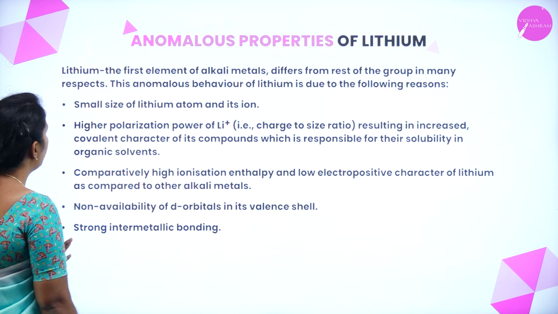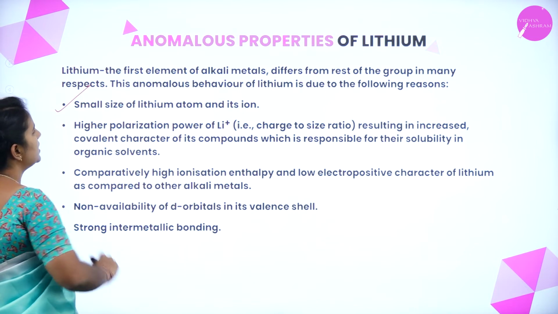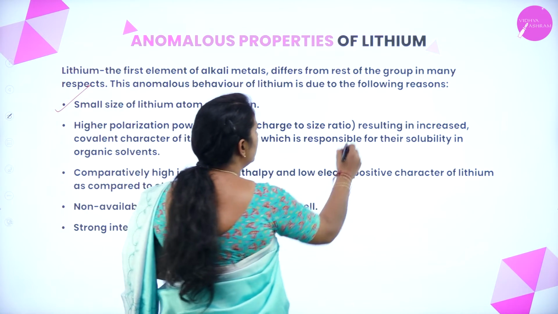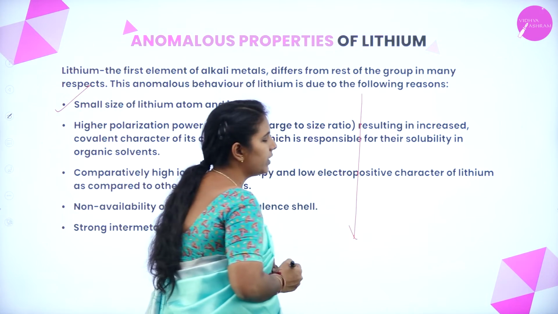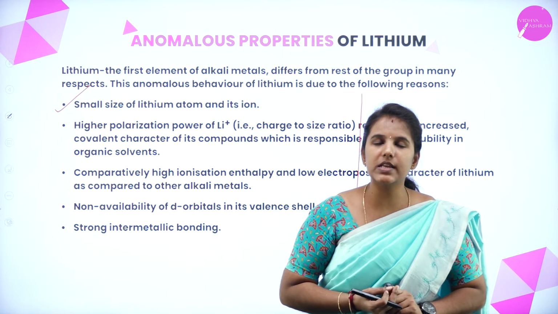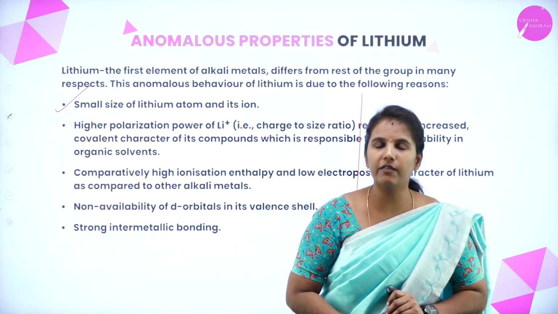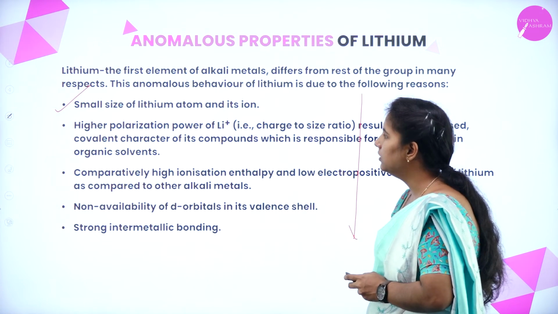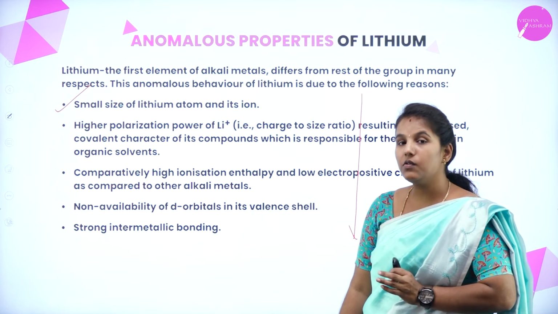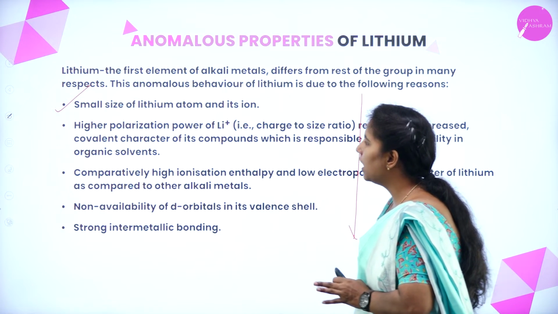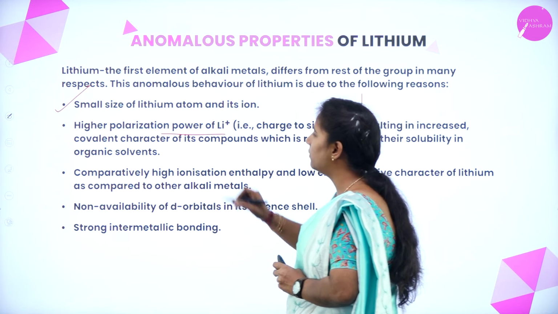The first one is the smaller size of the lithium atom. As we move down the group, the size of the elements increases. The first element, lithium, has a very small size. And lithium shows a higher polarizing power.